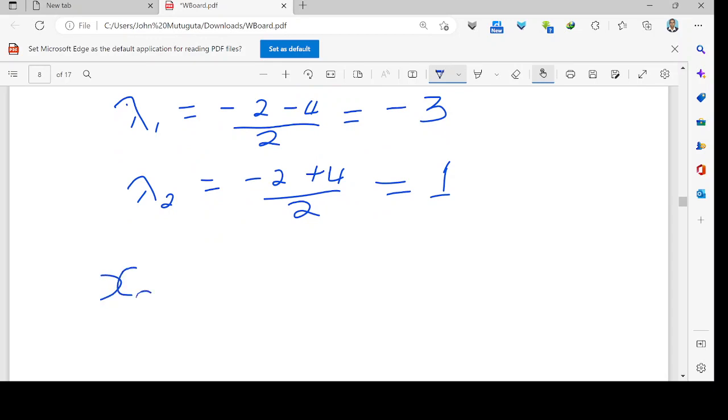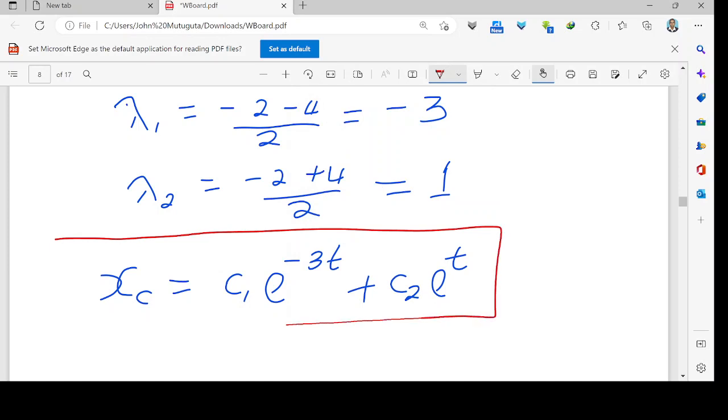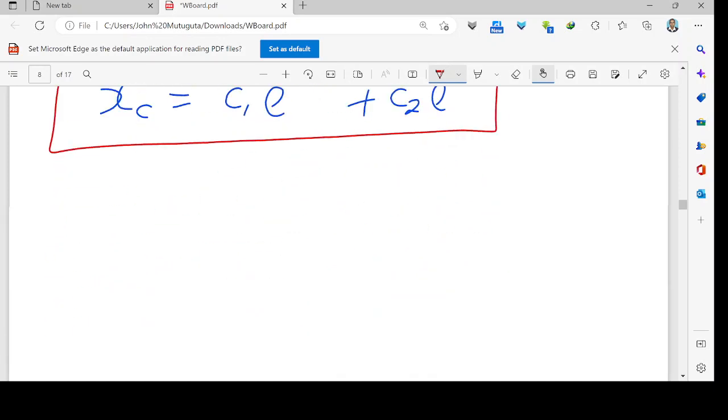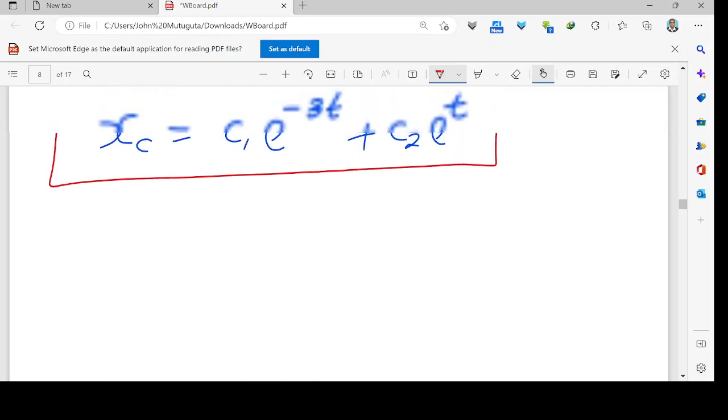So we see that xc becomes c1 e raised to power negative 3t plus c2 e raised to power t. This is the complementary function. So we need the particular integral. The particular integral is the particular solution of the non-homogeneous differential equation.